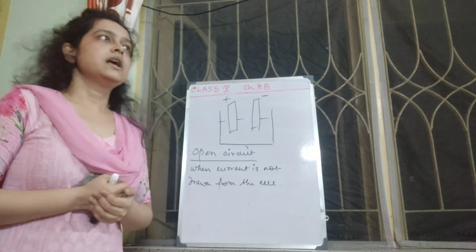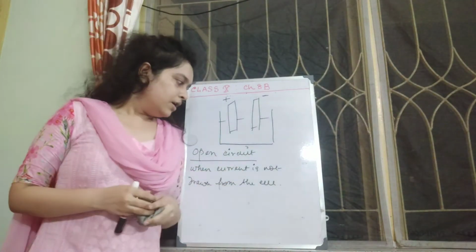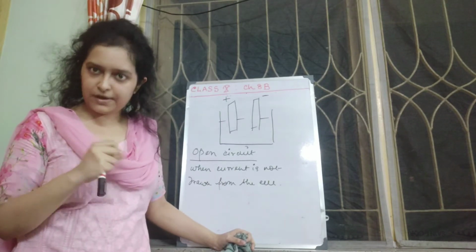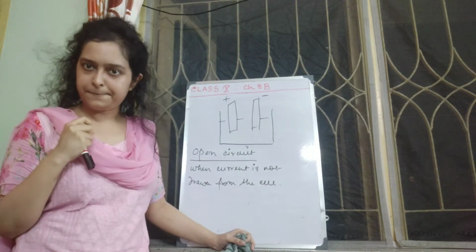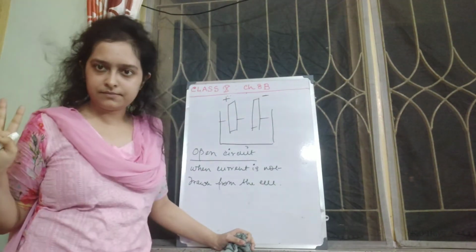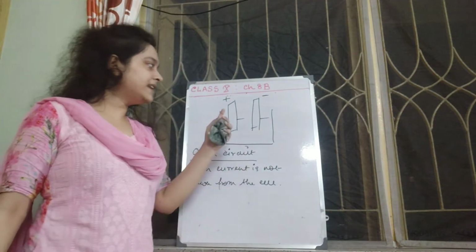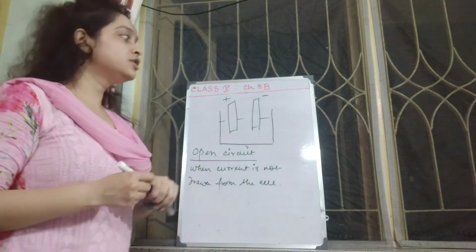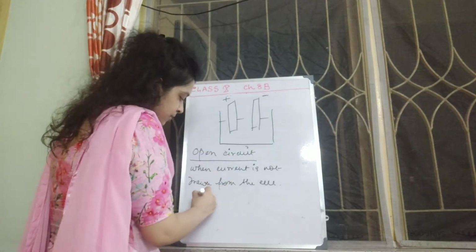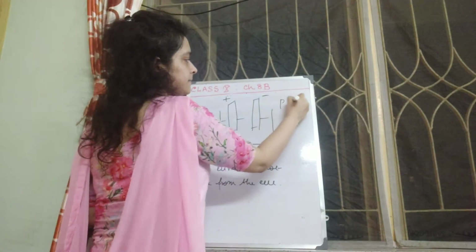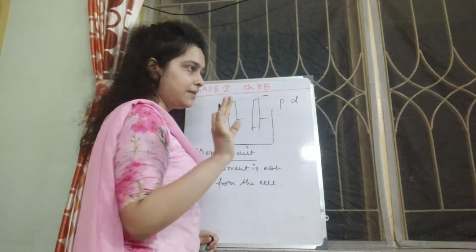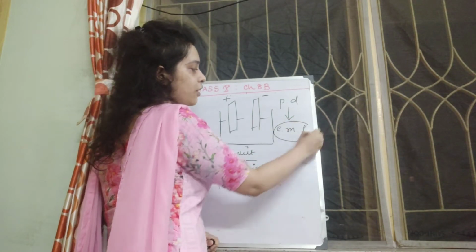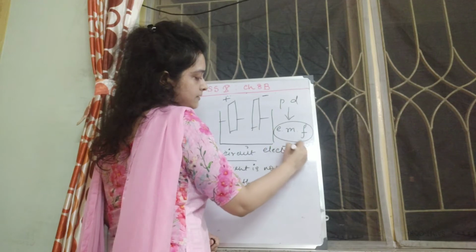So, when we are not using the cell for drawing any current, in the open circuit condition, the potential difference between the two electrodes, I'm writing in short PD, but don't write that in the exam, is known as EMF, full form electromotive force.